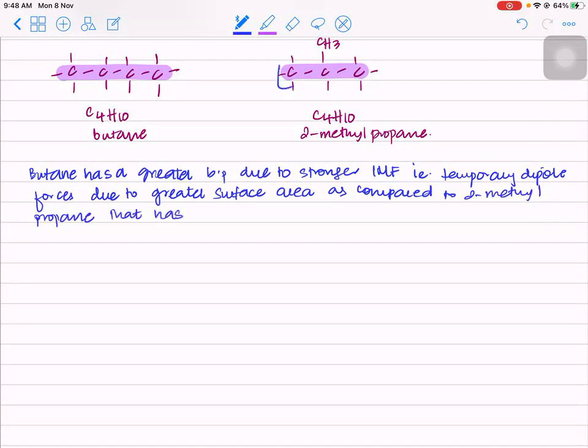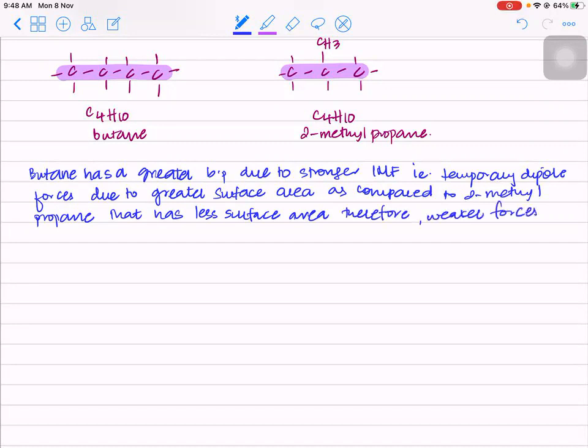Do you see that? Do you see the surface area is less? Now you will not talk about the number of electrons, because number of electrons for both are the same. So it has less surface area, therefore weaker forces.